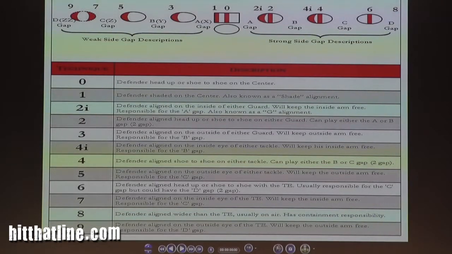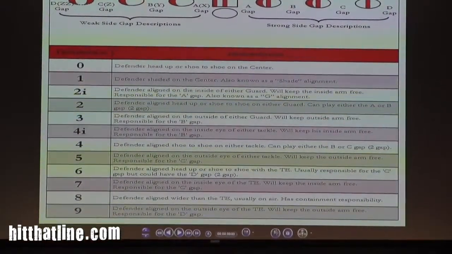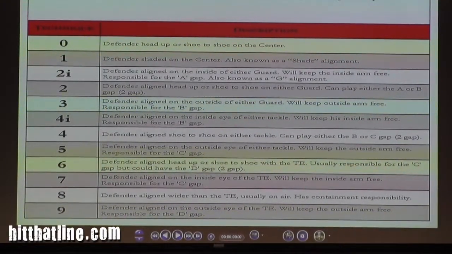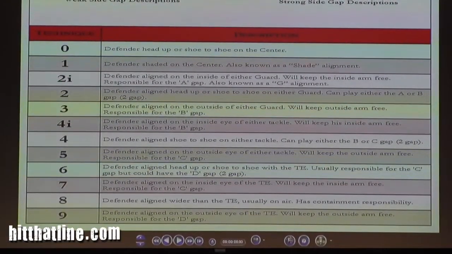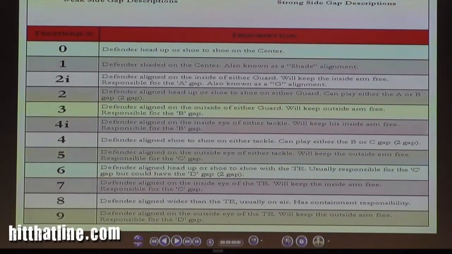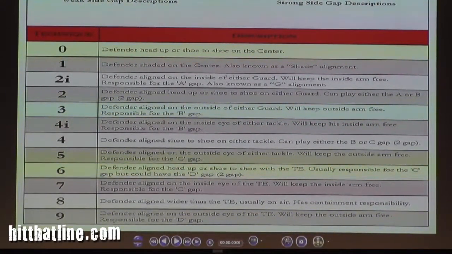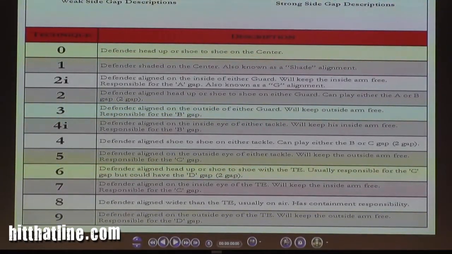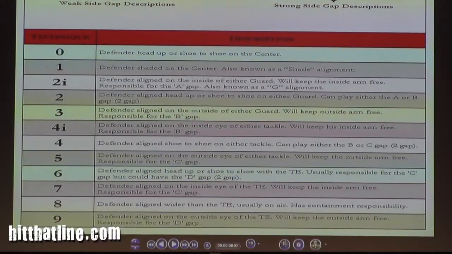If we see a guy shaded on that center, we'll call him a one technique. He's still a nose, and when you start riding up, the end, the tackle, the nose, the end, he's still that nose, but he's in a shaded technique. He's not head up on it. Some people tilt their nose. They'll drop him and tilt him in a shade.